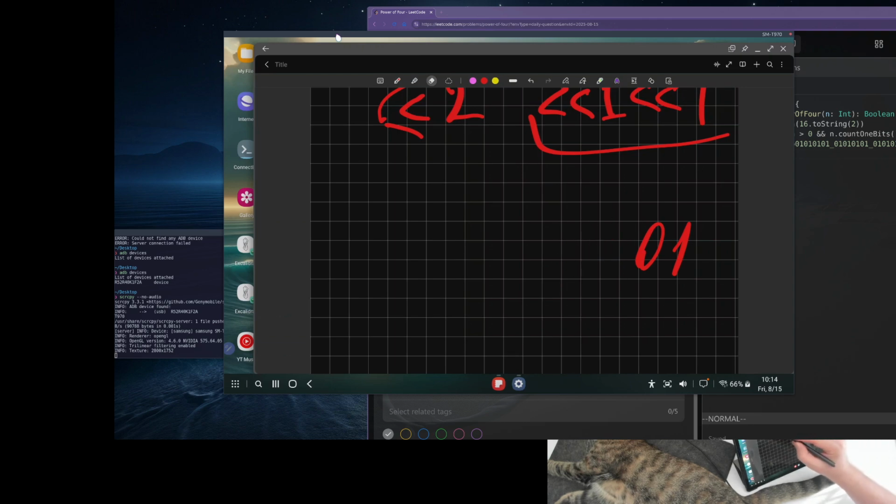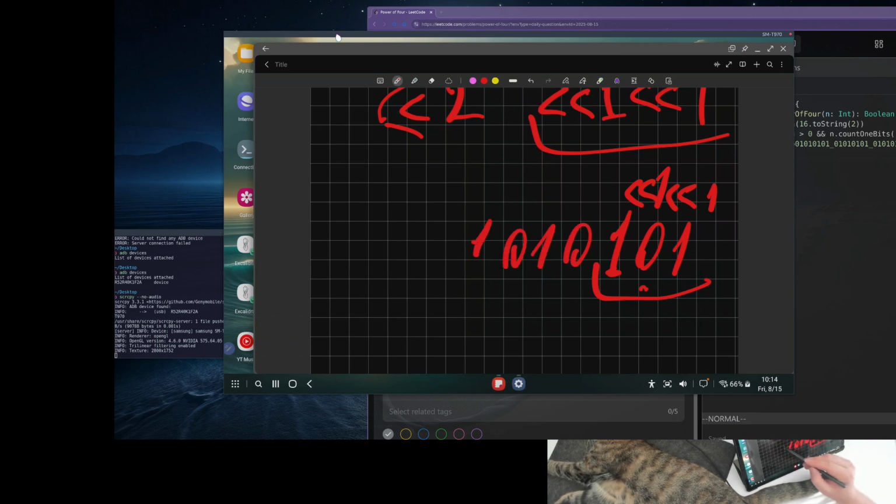So we're doing a 1 bit shift, and instead of placing this one, we do another bit shift. So this would be 2 bit shifts, bit shift 1 and bit shift 2. So that gives us the mask, basically this 0101.